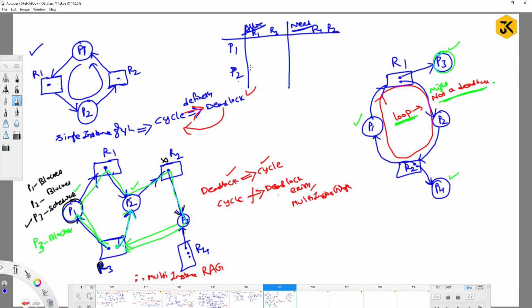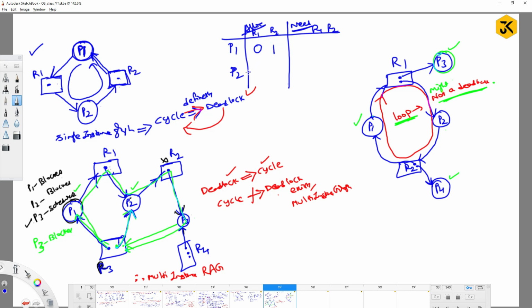So for example, is P1 allocated with R1 or not? Try to observe here. P1 is allocated with R1 or requesting for R1? So is it allocated? No. Is P1 allocated with R2? Yes, it is allocated.